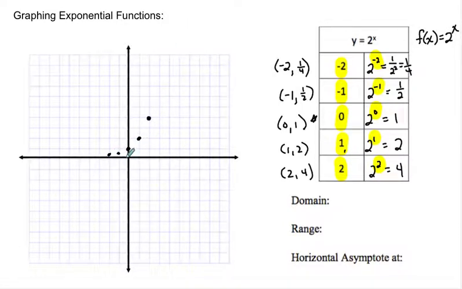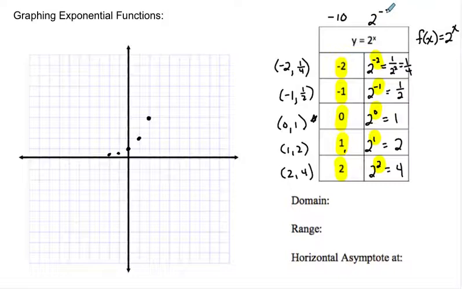without hopefully having to plot every point in every direction, because that will just take an infinitely long period of time, and I don't have that. So let's think a little bit about what is happening as these exponents get more and more negative, right? If my x value is negative 10, what would my y value be?